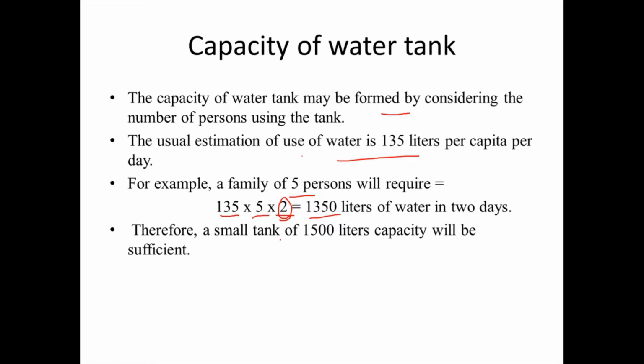Therefore I am going to design a water tank of 1500 liter capacity, which will be sufficient to store water for 5 persons for 2 days. This is how we can find the capacity of a water tank.